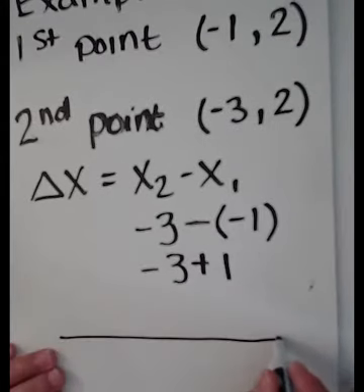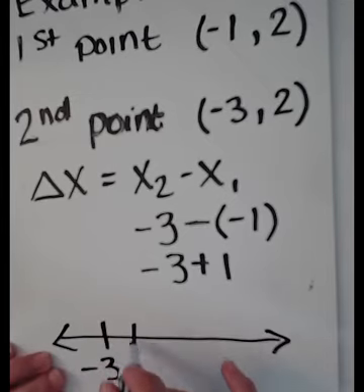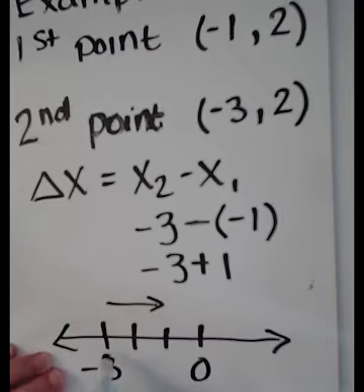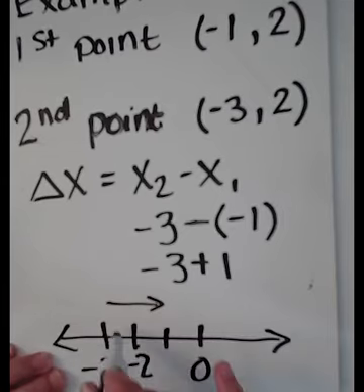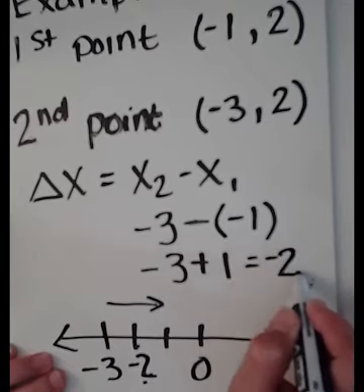Just a reminder, when we're dealing with negative numbers and addition and subtraction, if we have a value like negative 3 and we're adding 1 to it, we're actually moving closer to 0. So when we add 1 to negative 3, we actually move towards 0, and our answer is negative 2.